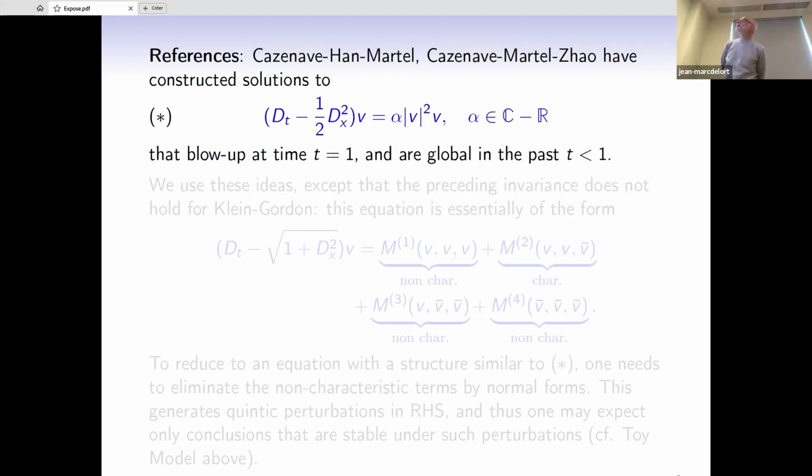And so we shall use some of the arguments that work for this equation, but there is an extra difficulty which will appear, and which is related to the fact that in this equation, star, the nonlinearity is invariant under multiplication by complex numbers of modulus 1.